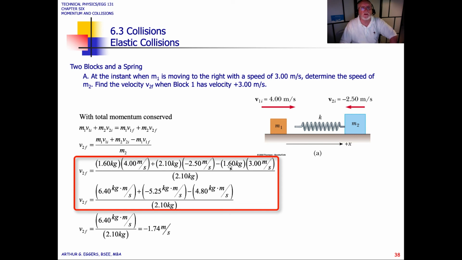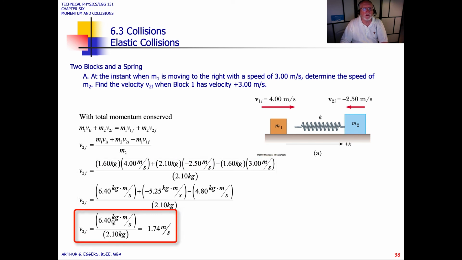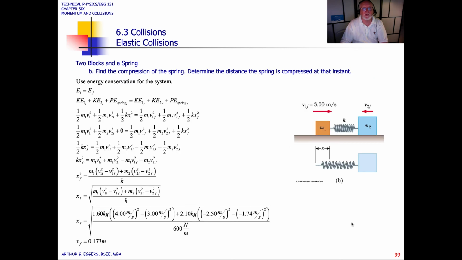So we can plug those values into that relationship, do the products, do the sums and differences, divide by 2.1 kilograms, and once we combine everything, you can see that we end up with 2.1 kilograms into 640, and that gives us minus 1.74 meters per second.